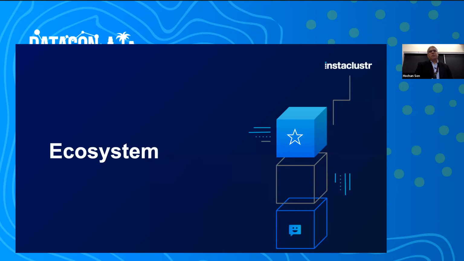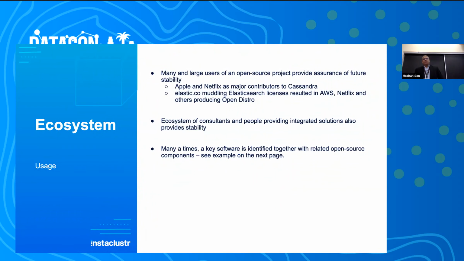Then the ecosystem. Now, ecosystem is how reliable an open source software is. The reliability can be measured in 2 or 3 areas. Number one, who backs up that software? Who is using that?